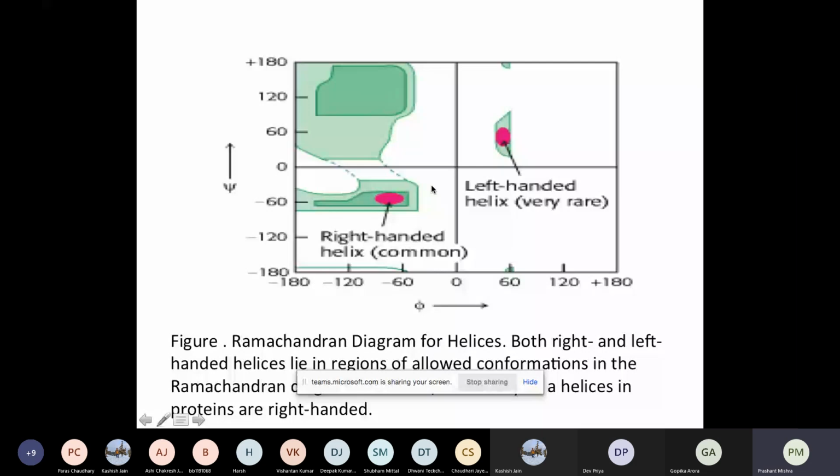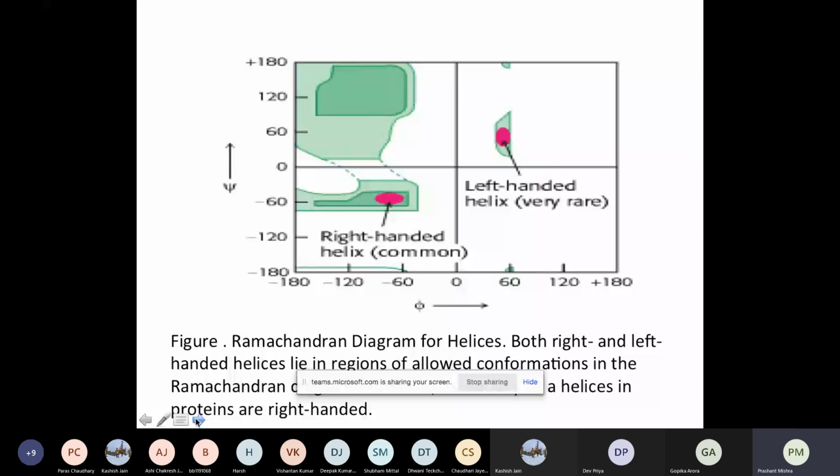The one which is red is excluded or very rare, and the other is not possible. So this gives us a way to exclude the different types of interaction. He took the psi angle and phi angle and plotted between them, and this plot shows what possible secondary structure or conformation can theoretically be predicted, or theoretically how far the angle of rotation can go, otherwise there will be steric hindrance.